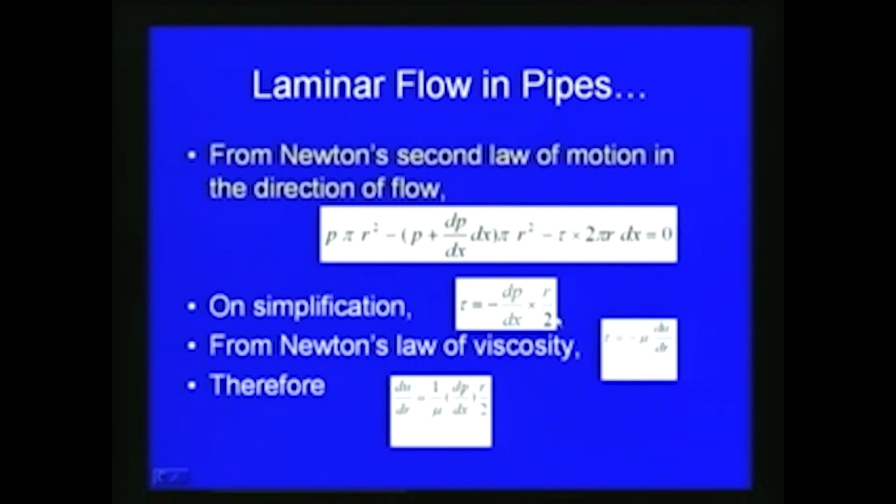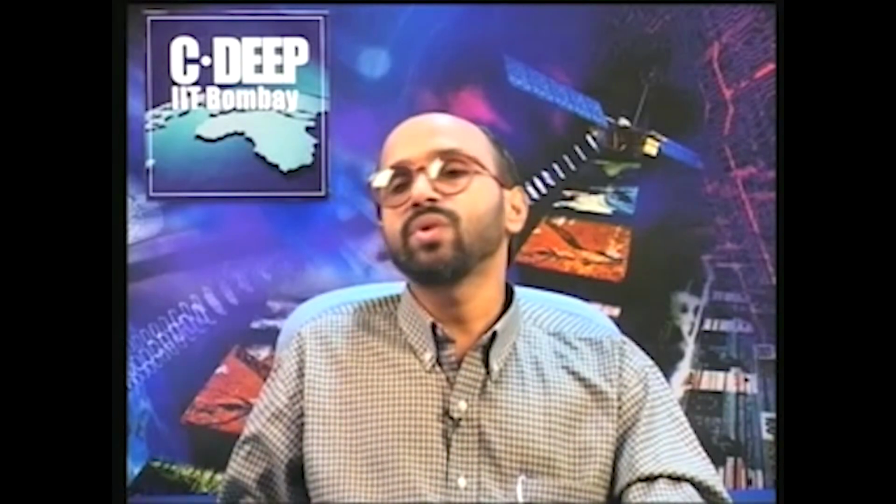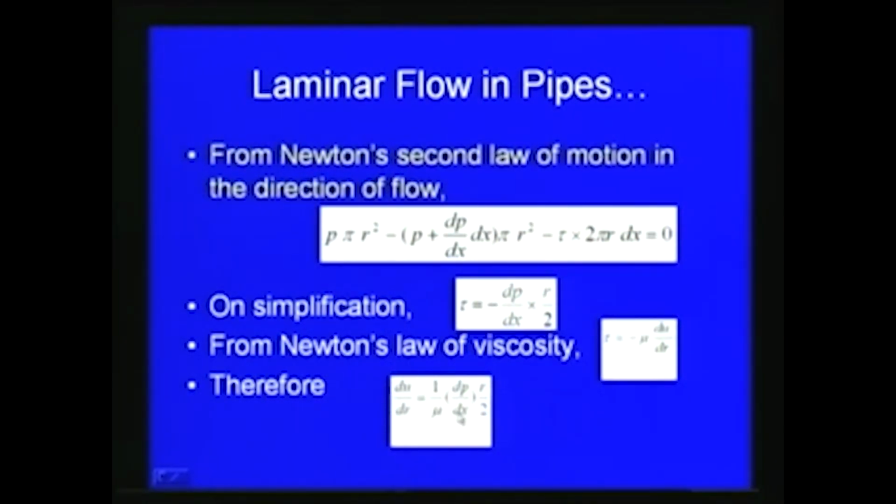As we have seen in the previous case, again we can utilize Newton's law of viscosity. Here the flow is taking place in the right hand direction, so we can write the shear stress tau is equal to minus mu into du by dr. Once we substitute this expression for tau, we get du by dr is equal to 1 by mu dP by dx into r by 2.